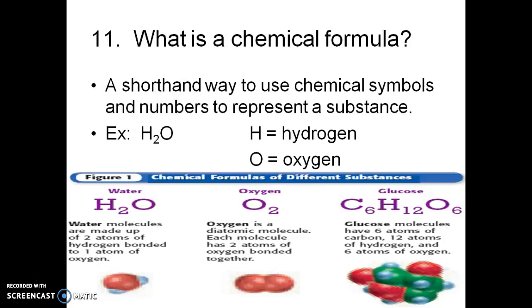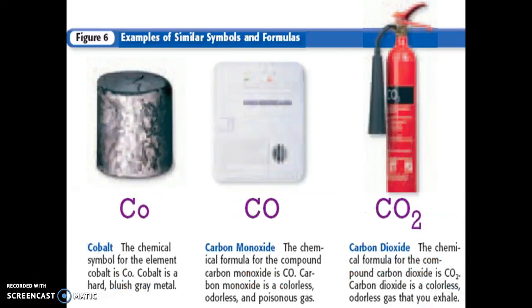O2 is when 2 oxygen atoms have bonded together. Glucose, a form of sugar, is C6H12O6. So we have carbon, hydrogen, and oxygen bonded together, 6 carbons, 12 hydrogens, and 6 oxygens. These are all chemical formulas.